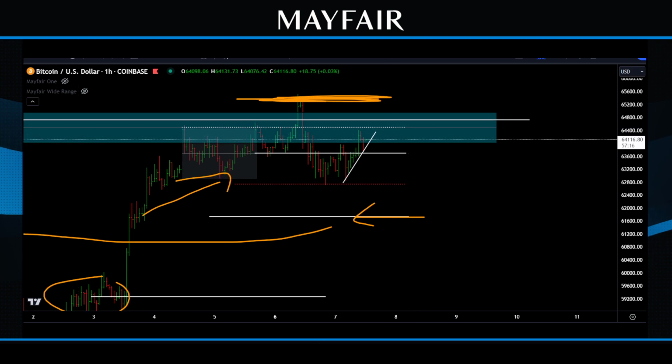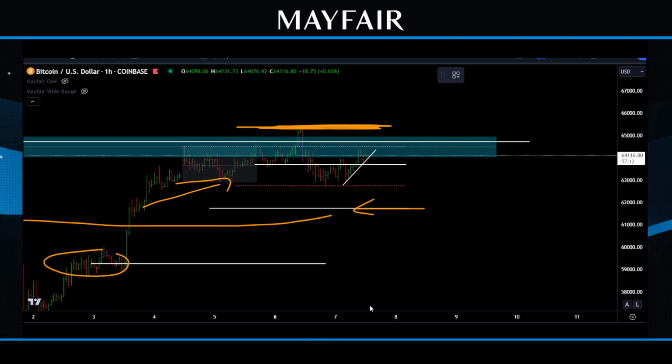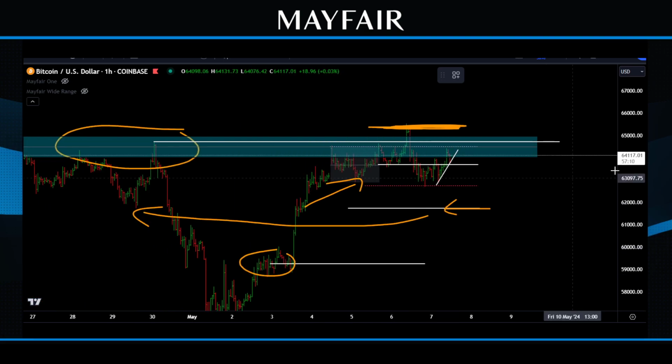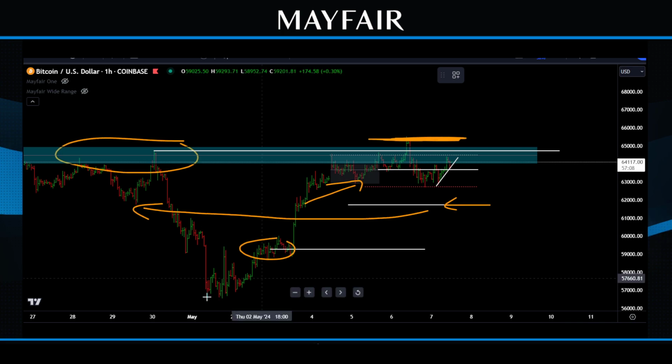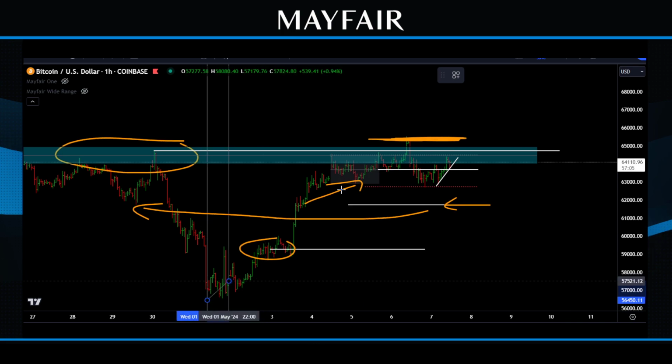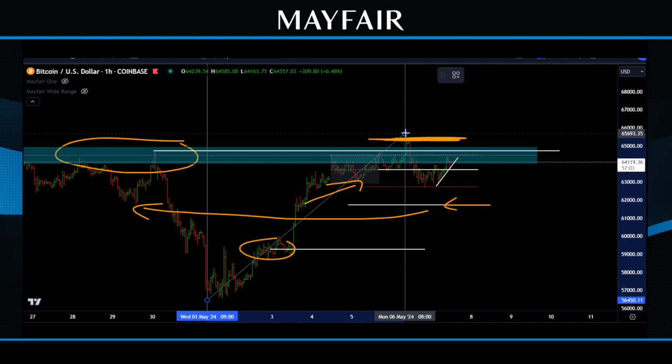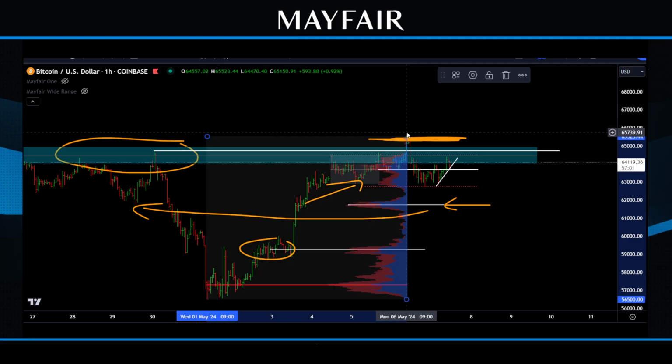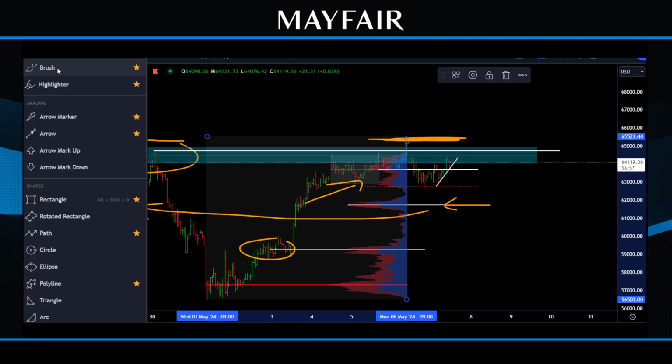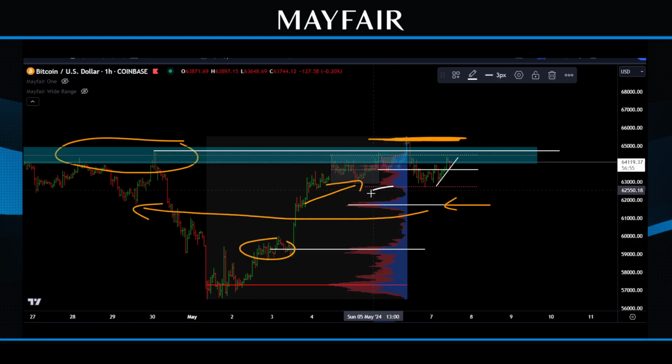Now, if you look at where we come down to, I only need to look at the prior swing. This is again the prior swing low, so I'm going to come from the very low all the way up to the high. Okay, right? Look at the profile that we've got created there. We've got no volume underneath this key area of support.